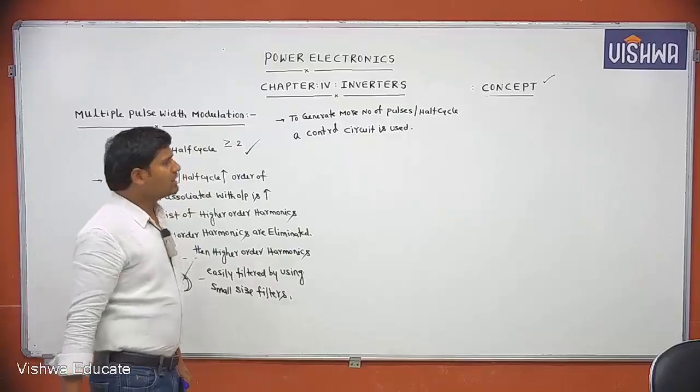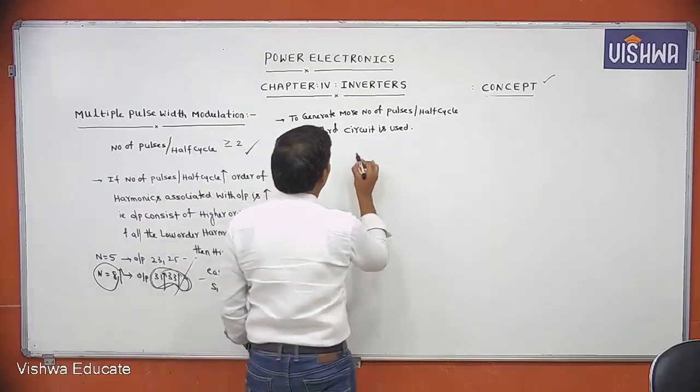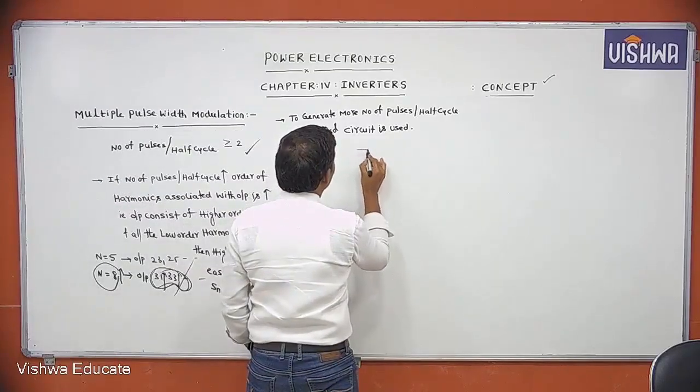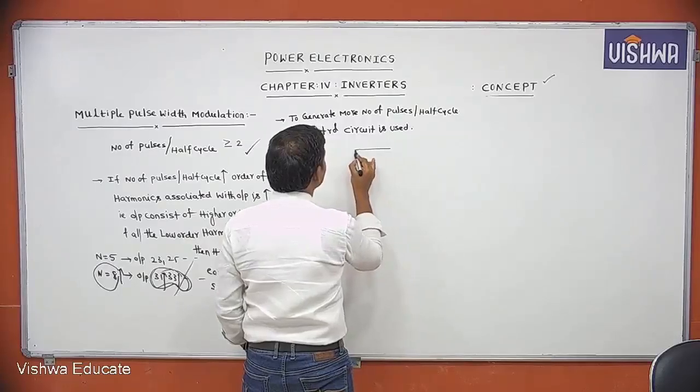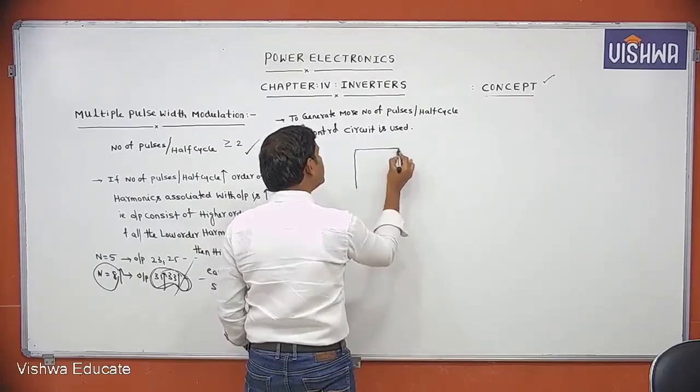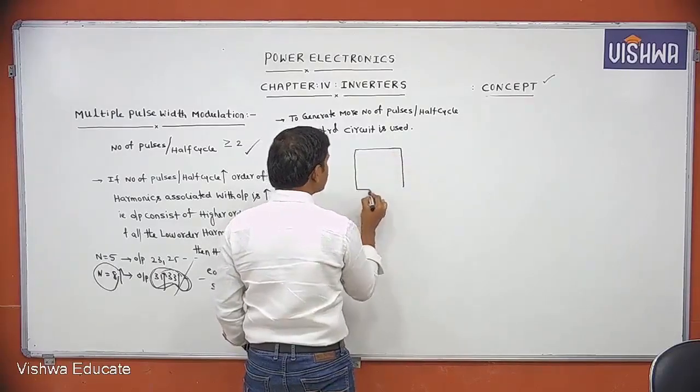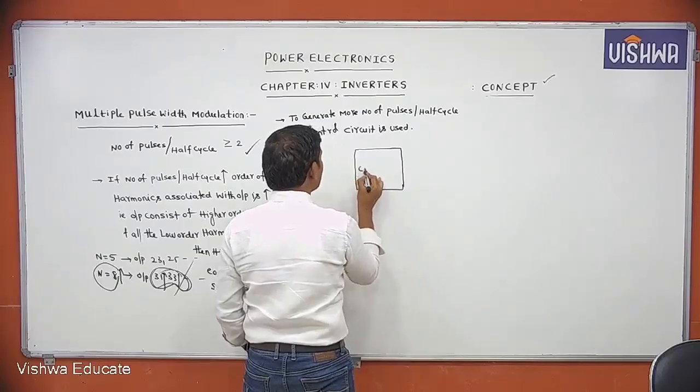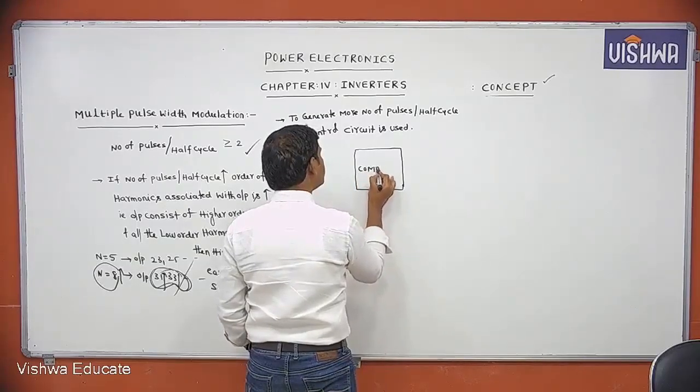Then what does the control circuit consist of? A control circuit consists of a comparator. This is the control circuit we are using.